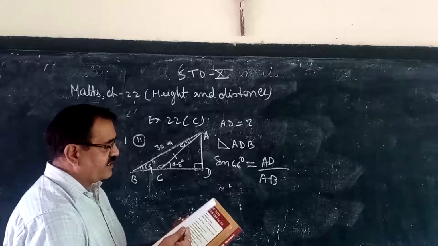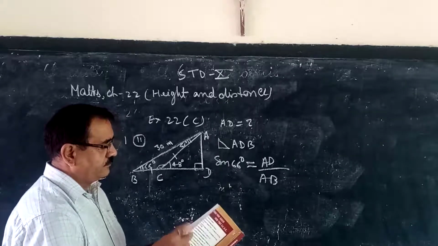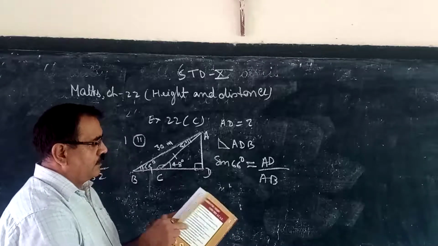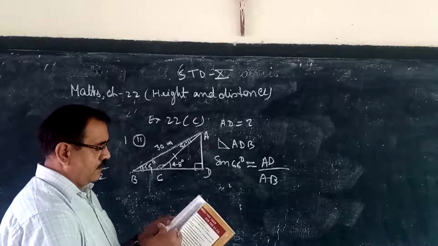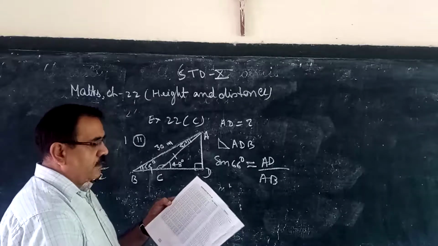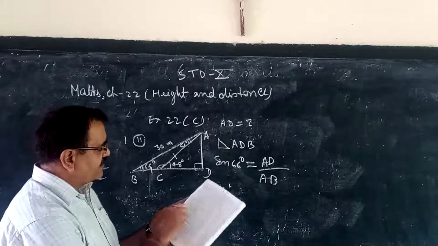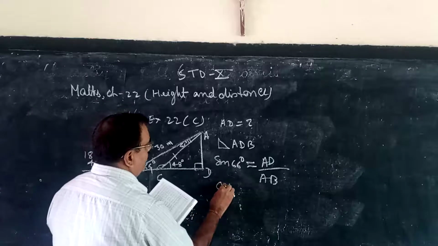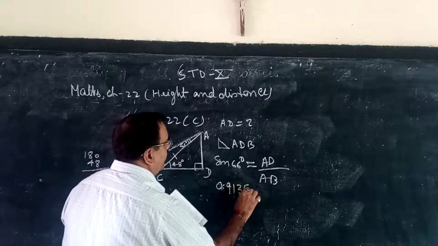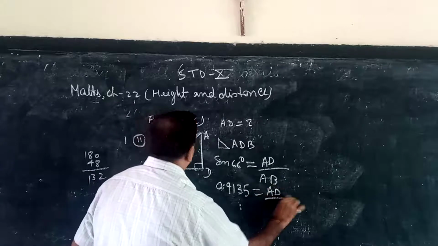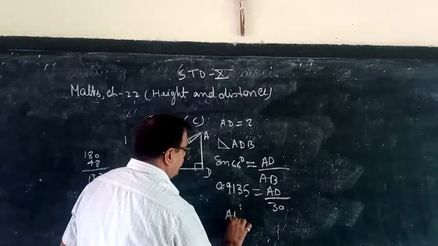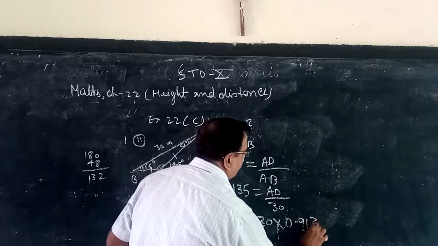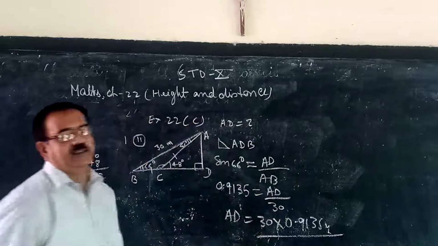Sine 66 is 0.9135. AD we have to find, AB is given 30. So AD is equal to 30 into 0.9135 meter. This is our answer.